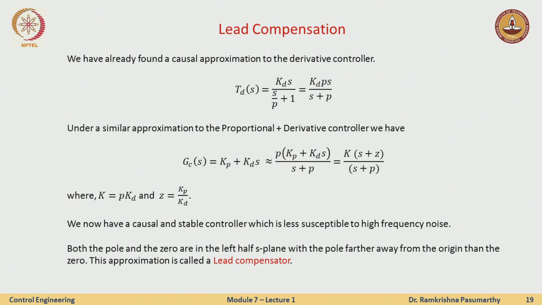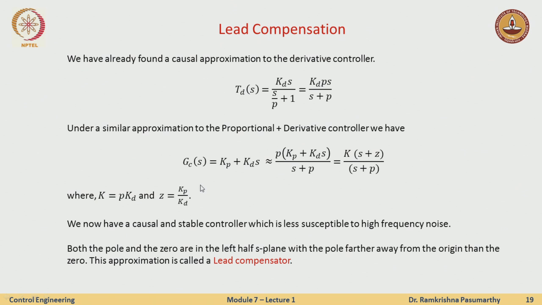Now, having found a causal approximation for a derivative controller, we would again like to do something similar to what we did for the PI controller. So, under a similar approximation, we will have again k, s plus z over s plus p, where again I can find what the constants k and z are, and so on.